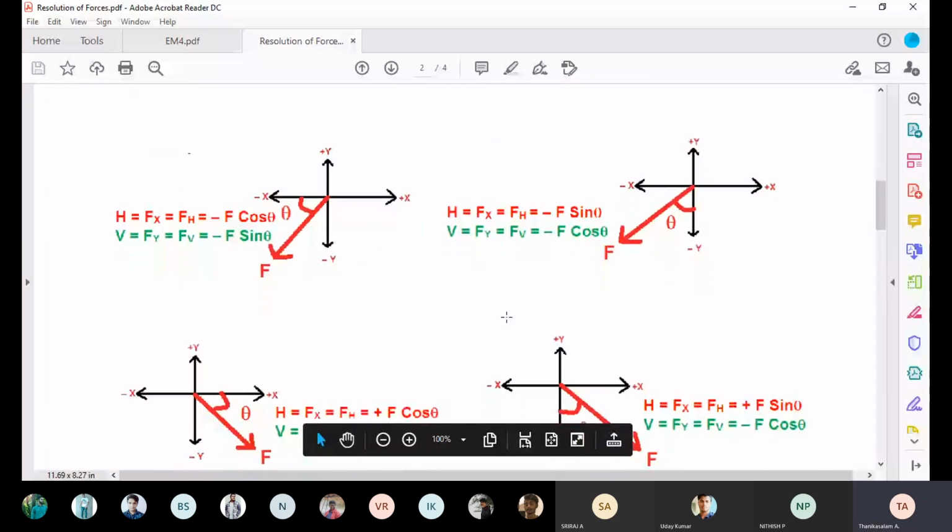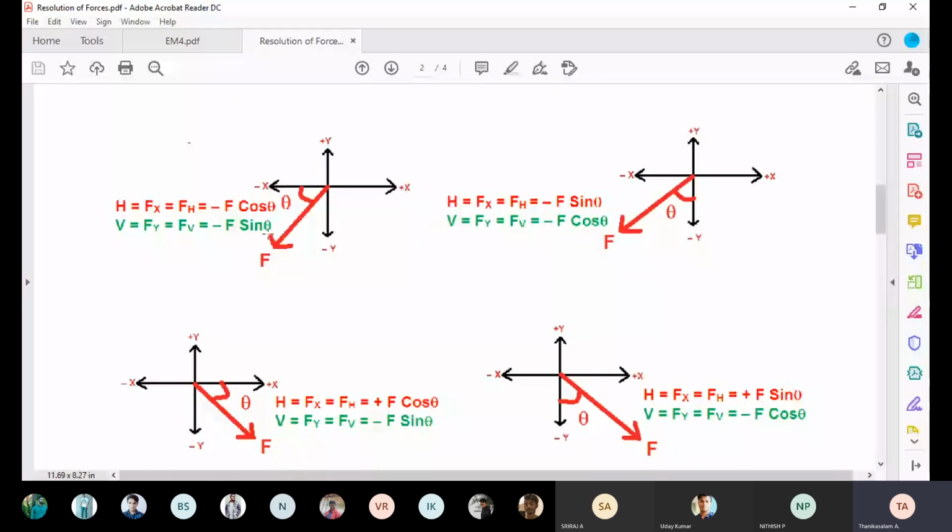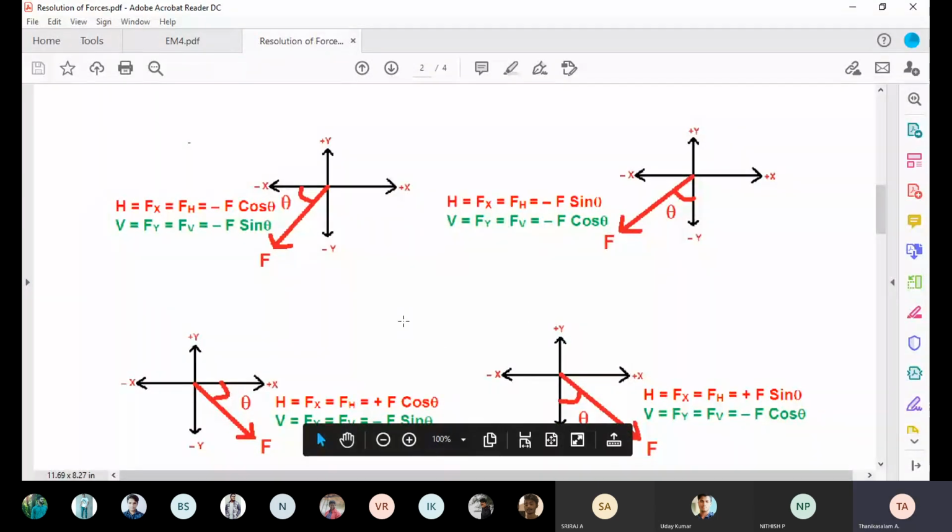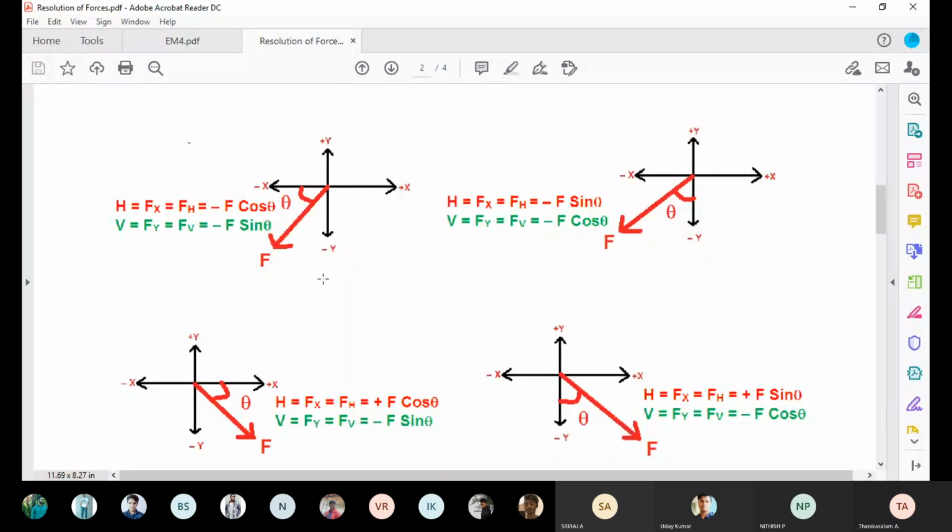See here, the third quadrant. Same explanation, you can understand. Sajid is there. Sajid, can you explain the third quadrant? Yes, sir. In the third quadrant, the force is along the x-axis, sir. Very good, excellent.